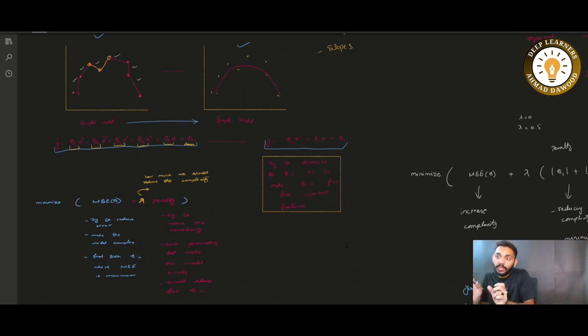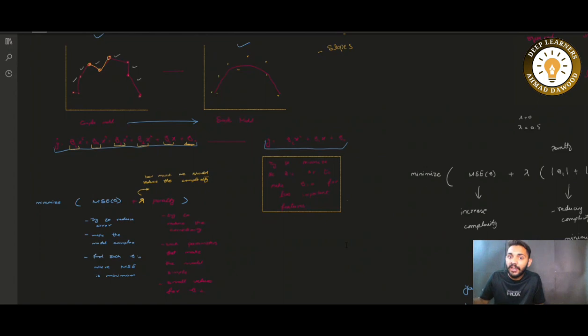When we add both mean square error plus some penalty as a cost function, we can control the complexity of the model. If lambda is equal to 0, then we have the same function as before. If lambda is greater than 0, then we are controlling the complexity of our model. We are reducing our complexity by increasing the value of lambda.